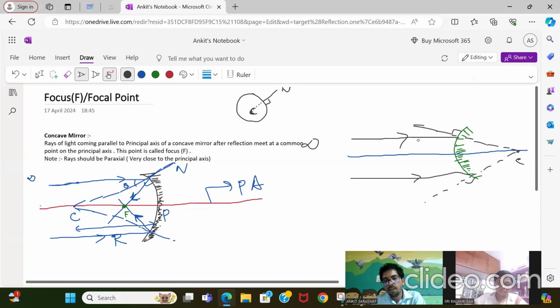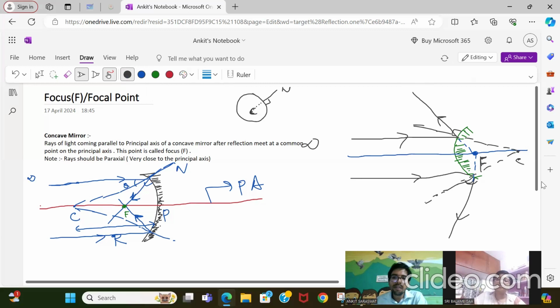Now these two rays, after reflection, will go like this. When you move these two rays back, they meet at a certain common point. This common point is known as the focus of the convex mirror.